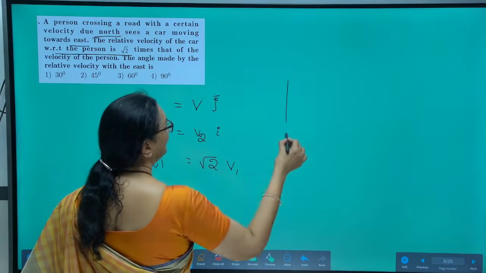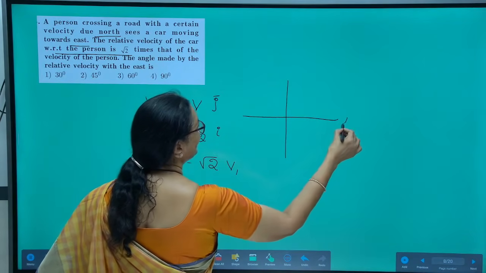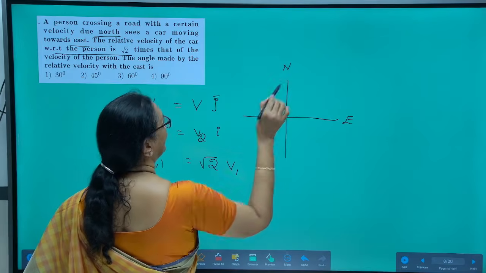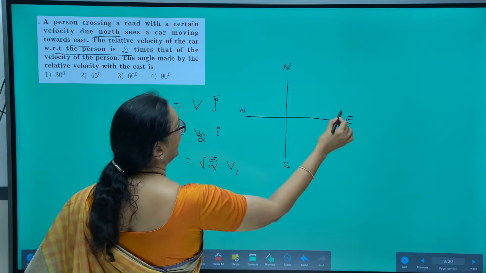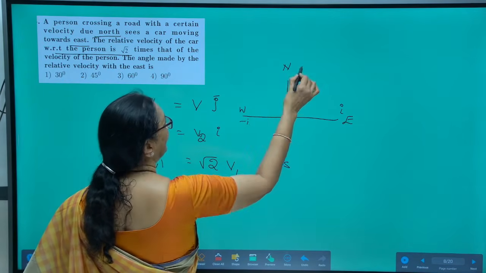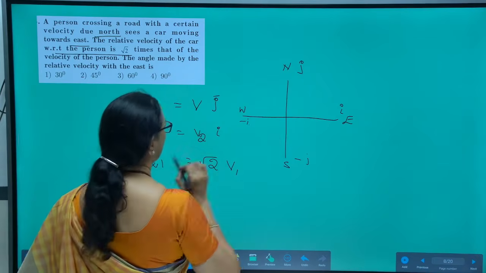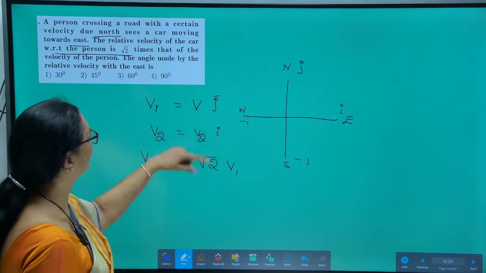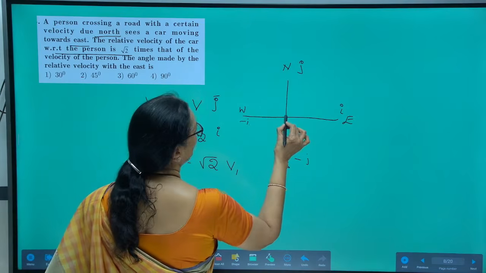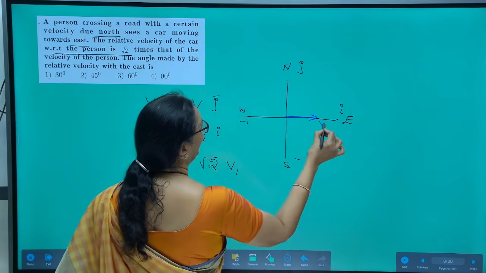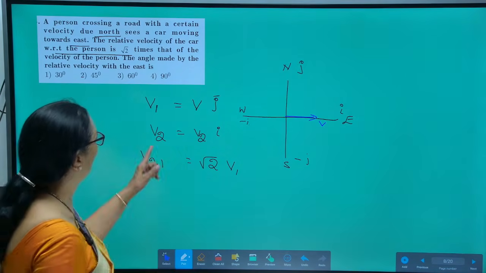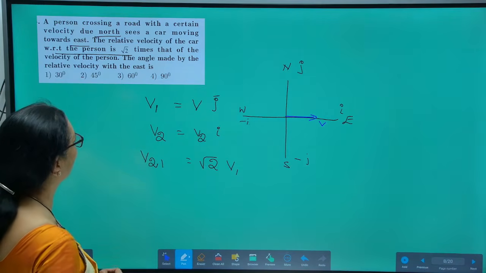Now, look here, let me draw the diagram. This is east, north, west, south: I, minus I, j and minus j.